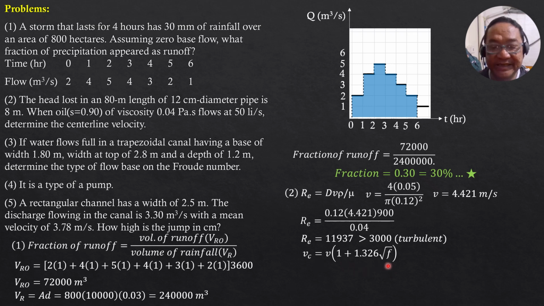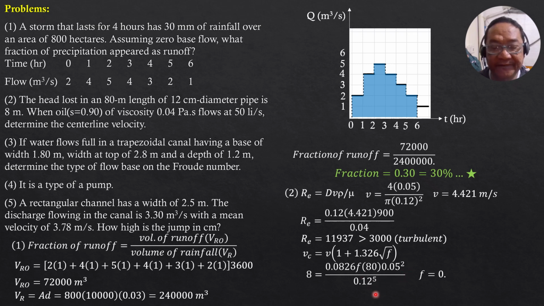So what is F? Let's solve for F, the friction factor, because the head loss is known, and by the Darcy-Weisbach formula, head loss HF is equal to 0.0826 F L Q squared over diameter to the fifth. So 8 is equal to 0.0826 times friction factor, length 80, Q squared 0.05 squared over diameter to the fifth, 0.12 to the fifth.